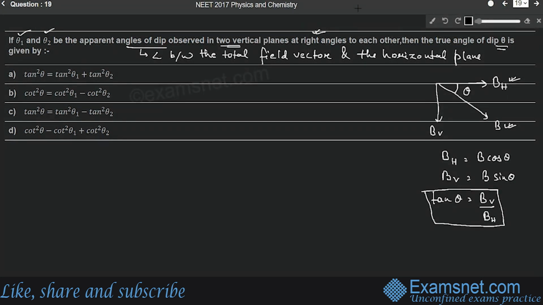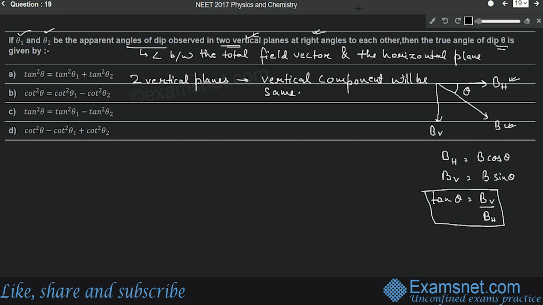Now we'll come back to the question. In this question, it is said that there are two vertical planes at right angles to each other. So what does this mean? Two vertical planes are there. That means they will have the same vertical component. The vertical component will be the same for both, but the horizontal components will vary.